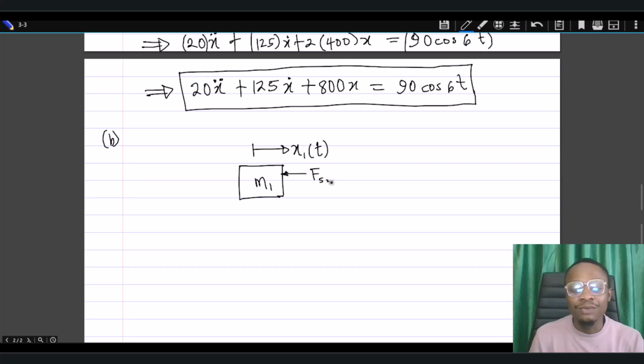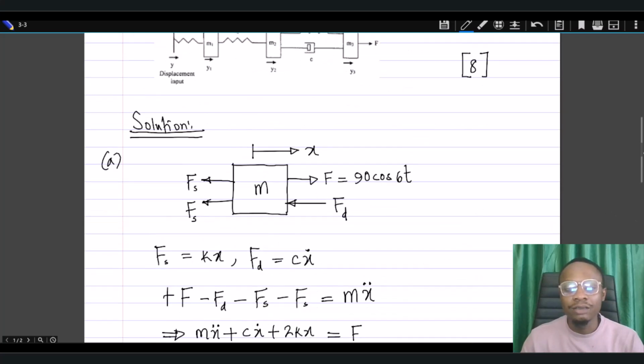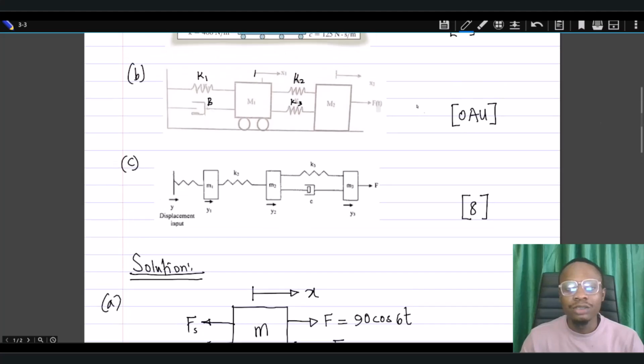We cannot just use fs arbitrarily now because these are two different springs with two different spring constants k. So we're going to put this here. This will be f sub s3, just as we have it right there in the diagram. So this is k2, k3, and then there is k1 connected to the body as well. Then this damper connected to this.